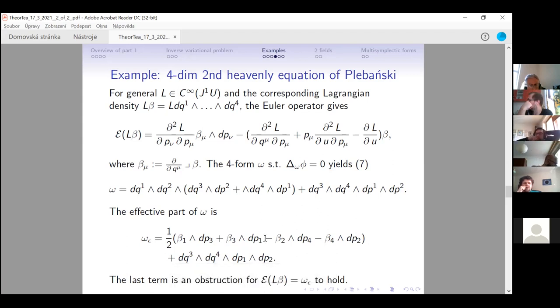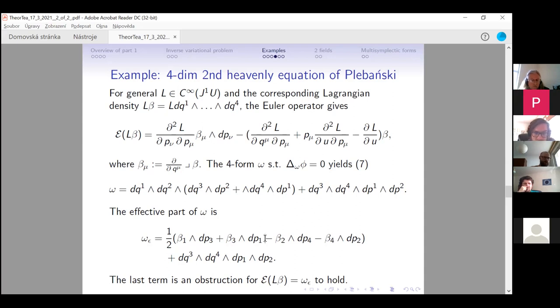So the argument is as follows. If you take a form that represents the given equation, there is a whole class of forms that can represent the given equation.